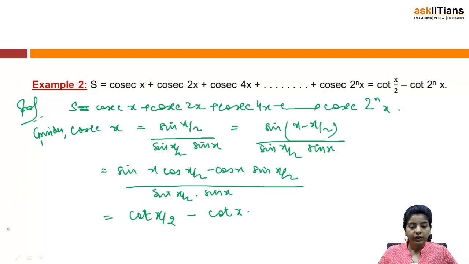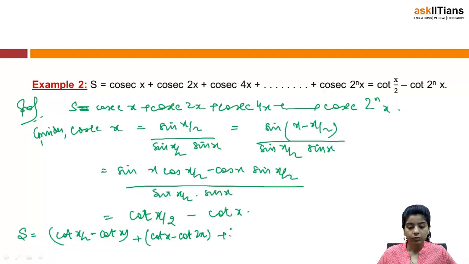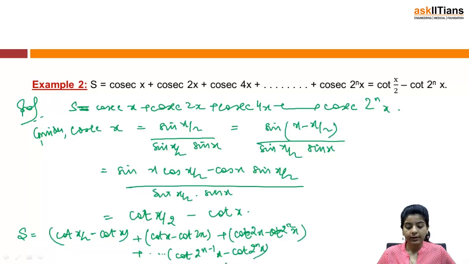Now what about my given series? S becomes cot x by 2 minus cot x plus cot x minus cot 2x plus cot 2x minus cot 2 square x, plus so on, cot 2 raised to n minus 1 x minus cot 2 raised to n x.